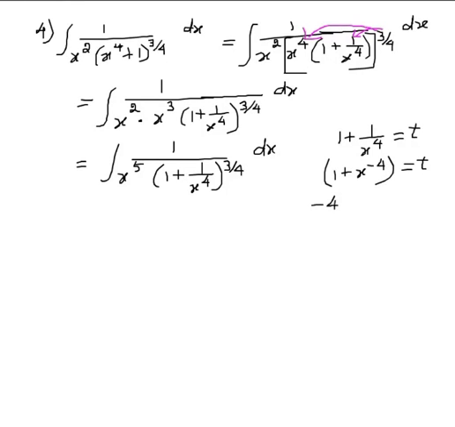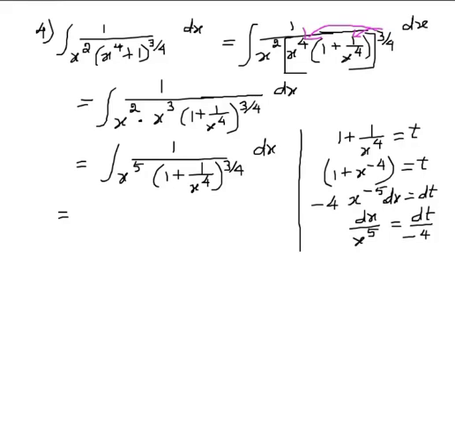And this is minus 4 times x power minus 4 minus 1, which is minus 5 dx equals dt. Therefore, dx divided by x raised to 5 is equal to, let us take that minus 4 to the other side. It becomes dt divided by minus 4.